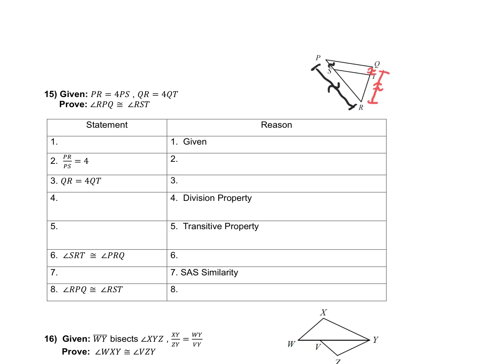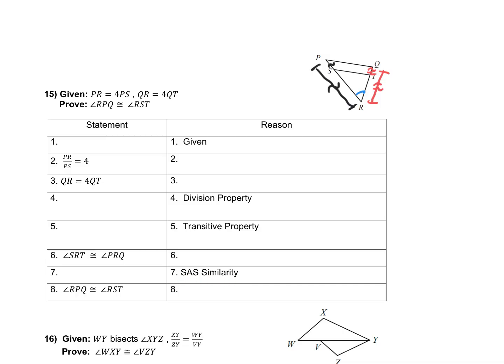So notice that they're using the same side lengths in their ratio. And if those sides are proportional, then I have this angle right here. So then I will have a side angle side similarity, which is what they're going after down here.